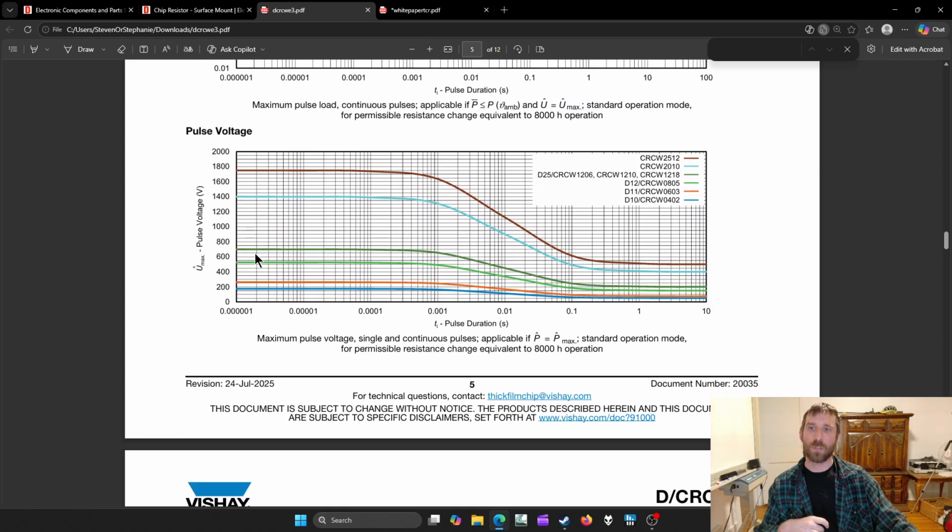Now pulse voltage here, you notice your 2512s and 2010s are way above the rest. So you may need to know this, particularly if you're dealing with AC voltage. This right here is why sometimes I do go with pulse rated, because it'll be much higher than this. So this is something to keep in mind.